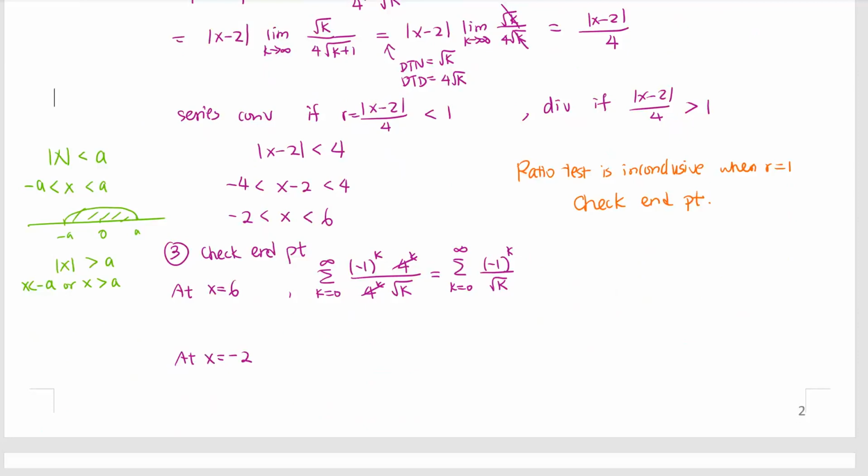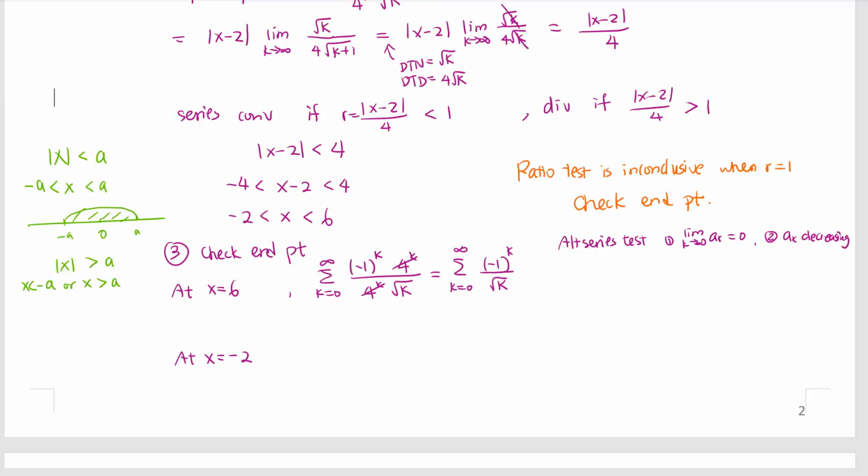This is an alternating series, right? We use the alternating series test. So what is the alternating series test? Two conditions. Is the limit of the sequence 0? Is the sequence decreasing?